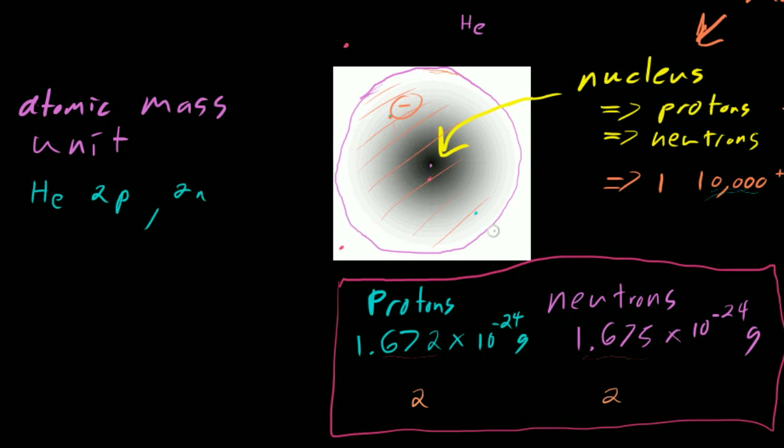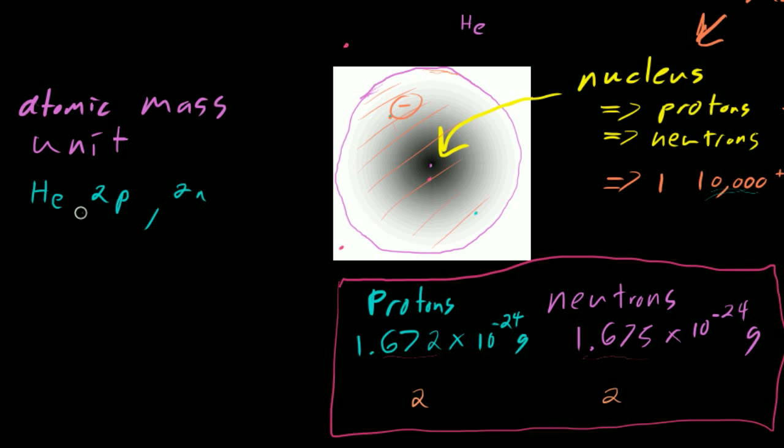It also has two electrons, but when we're talking about the atomic mass of this entire atom, the mass of the electron is so tiny compared to the mass of the protons and the neutrons that we're really not going to consider it. So we are going to say that helium has an atomic mass of 4 AMU, for atomic mass unit.